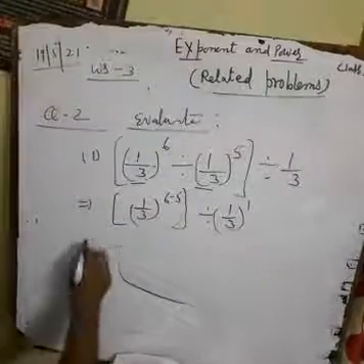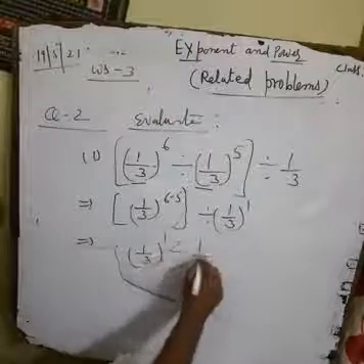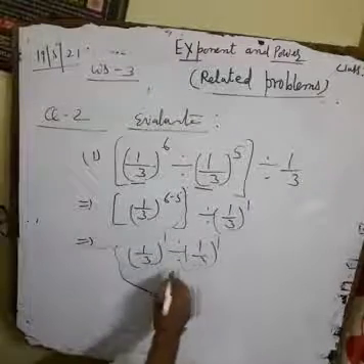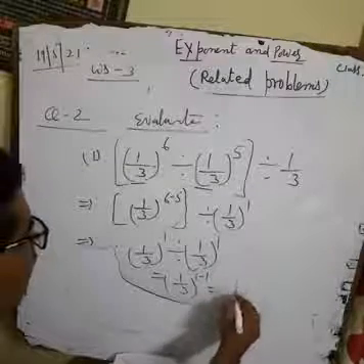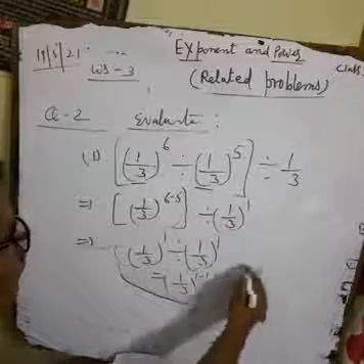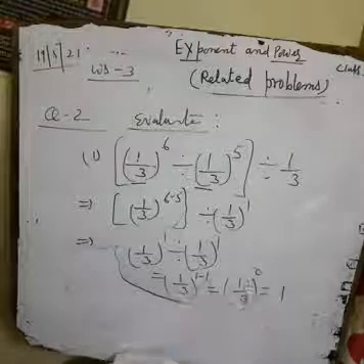We are getting power 1 upon power 1. Again base is same, power will be 1 minus 1. We know that 1 upon 3 to the power 0, and each and every number having power 0 is 1. Answer is 1.